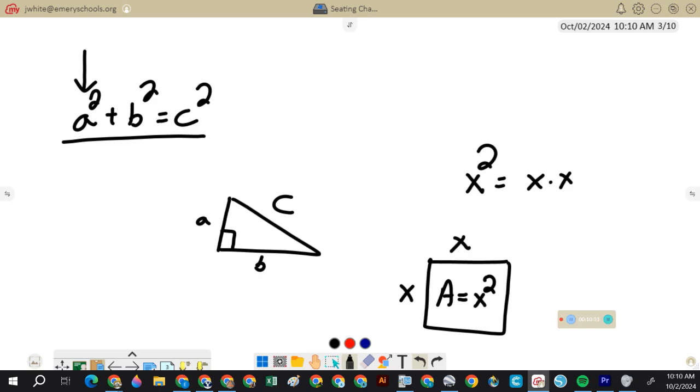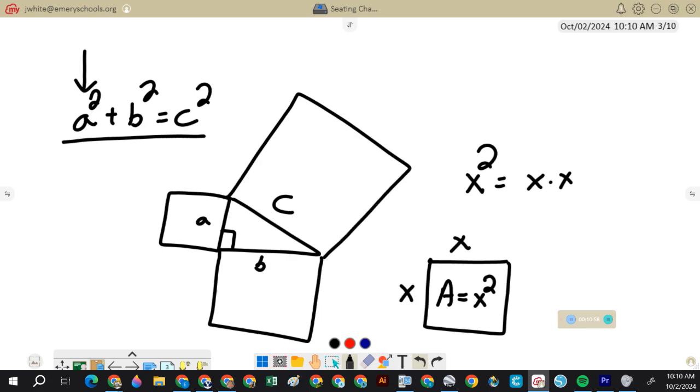It's the area of a square whose side length is A. So, if I draw this square here, its area is A squared. So B squared must be the area of a square whose side length is B. And C squared must be an area of a square whose side length is C.